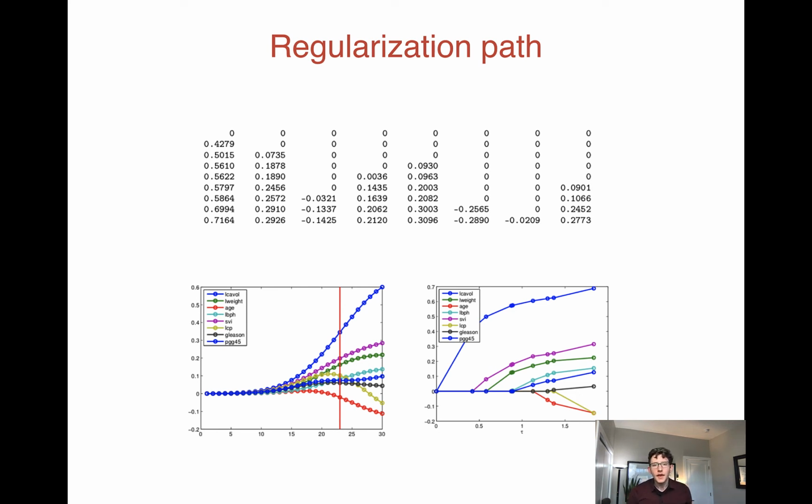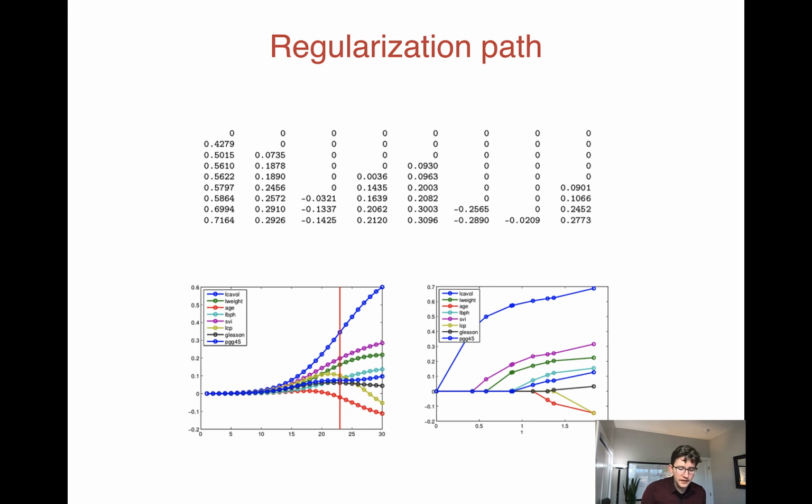Now, one way to do that is to apply the methods we used when we talked about zeroth order optimization. That is, we could just try a bunch of values of lambda, see what happens when you choose those values, and then decide accordingly. It turns out that we can do better.